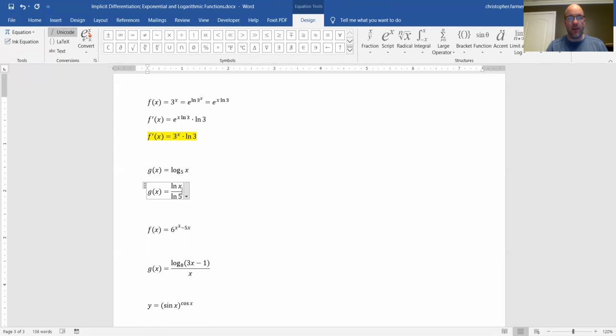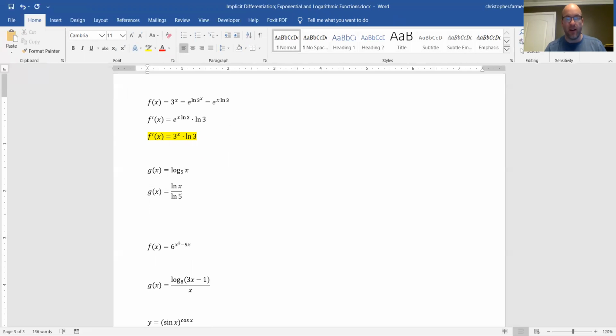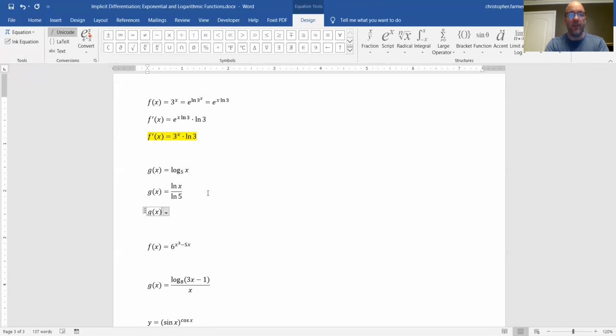Okay, so this one's going to go even faster than what we just did a moment ago. There's nothing to do here other than realize that the natural log of 5 in the denominator is just a constant coefficient. It's a weird way of writing it, but you can write 1 divided by natural log of 5 times natural log of x.